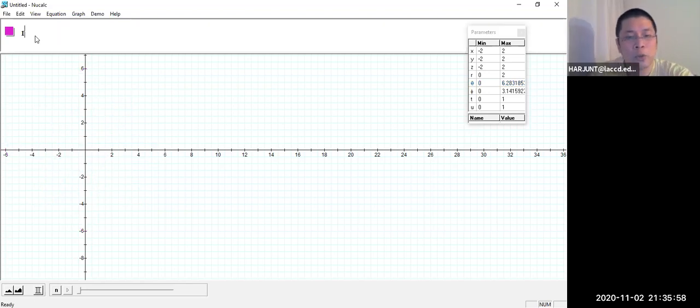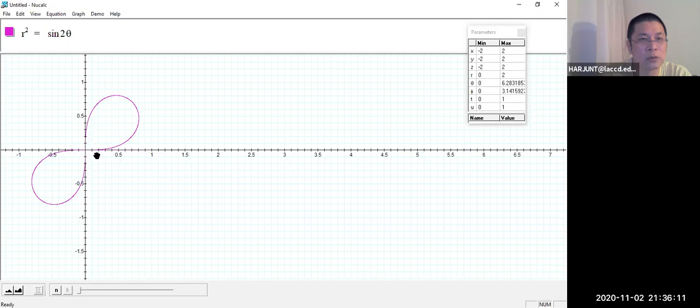So r squared equals sine 2 theta. It's so cute. That's what it looks like.